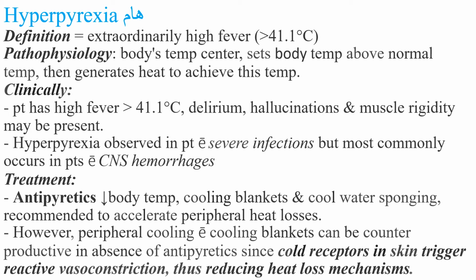However, peripheral cooling with cooling blankets can be counterproductive in absence of antipyretics, since cold receptors in skin trigger reactive vasoconstriction, thus reducing heat loss mechanisms. My advice here: not to use this to decrease temperature in case of hyperpyrexia.